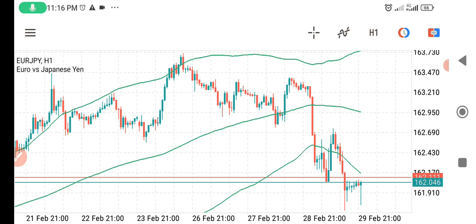After that, we made a video on how we can identify our entries in taking a reversal trade, which usually happens between the upper band and the lower band. So today we want to look at how we can take a continuation trade.